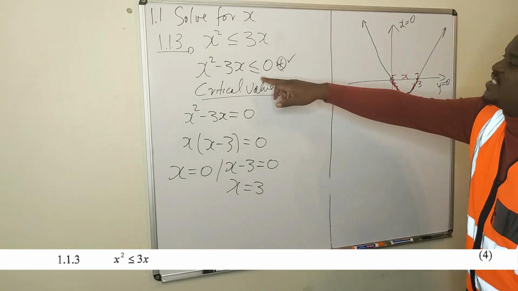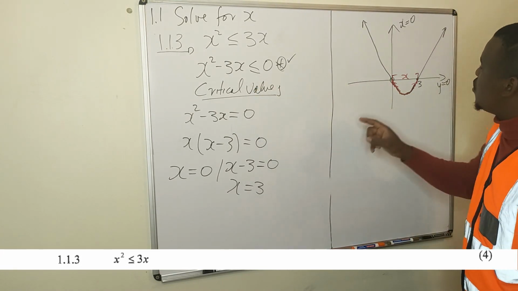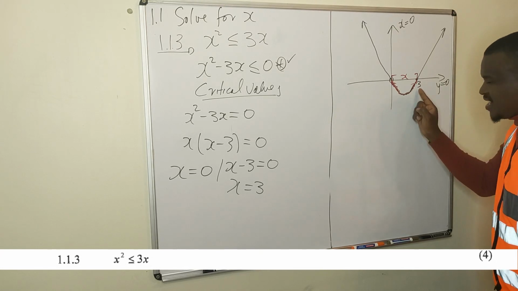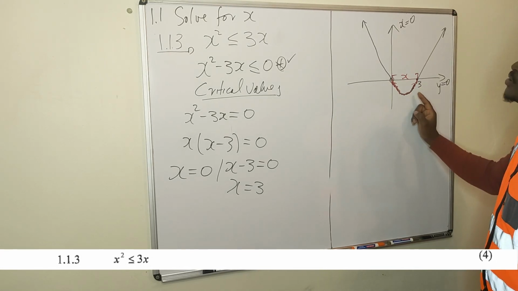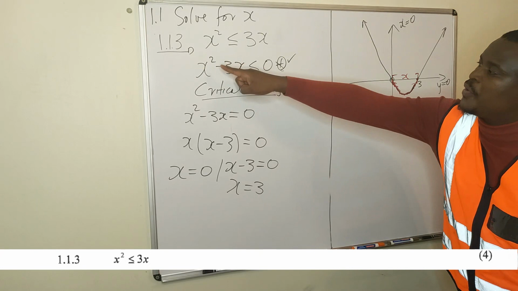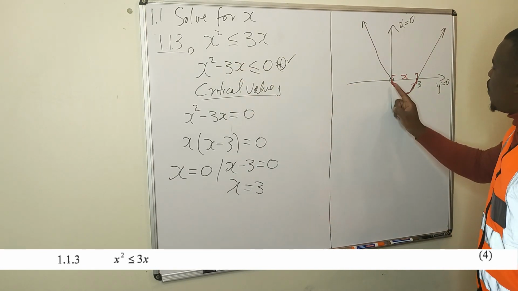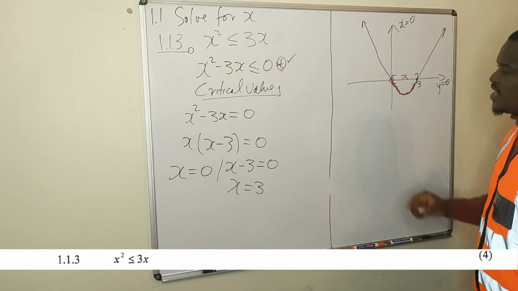So our graph is non-positive, or less or equal to 0, from 0 to 3. The x values for which this inequality will be satisfied are when x is between 0 and 3.